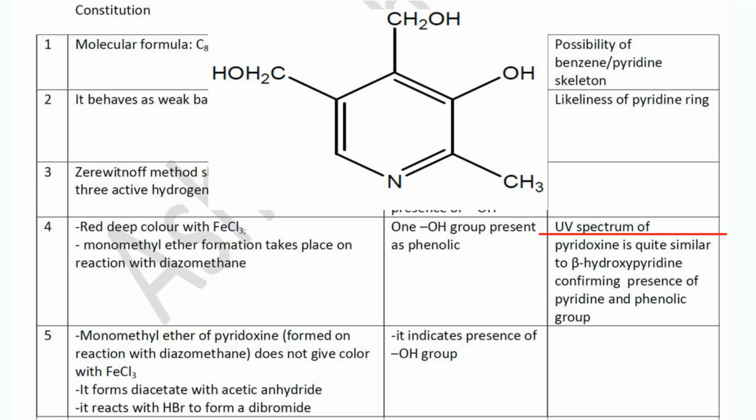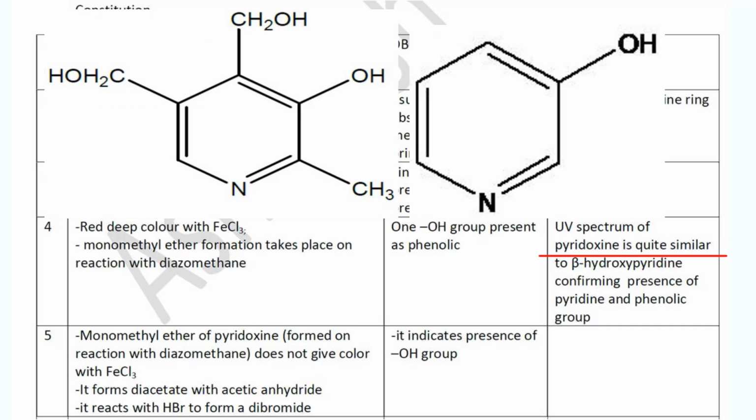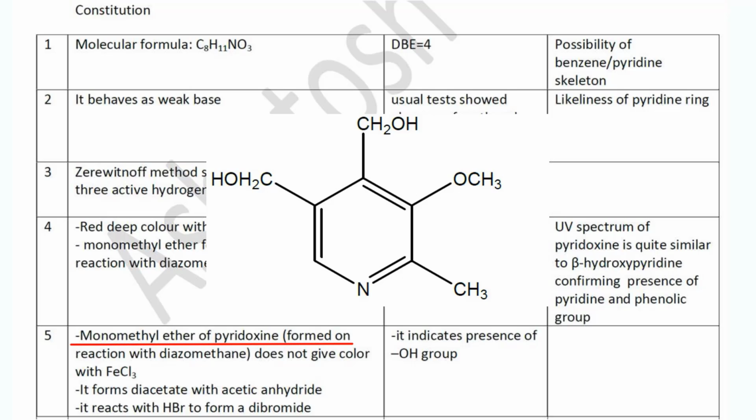Also, the UV spectrum of pyridoxine is quite similar to beta hydroxypyridine, confirming the presence of pyridine and phenolic group. The monomethyl ether of pyridoxine formed on reaction with diazomethane does not give color with FeCl3.